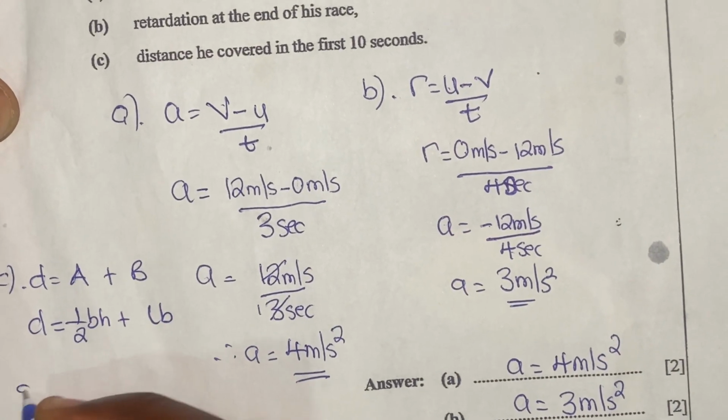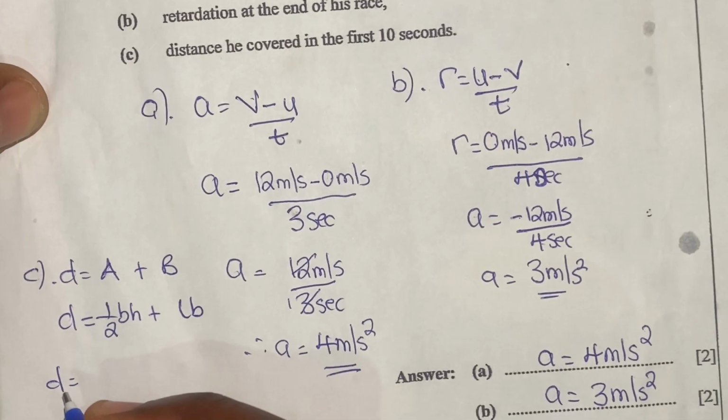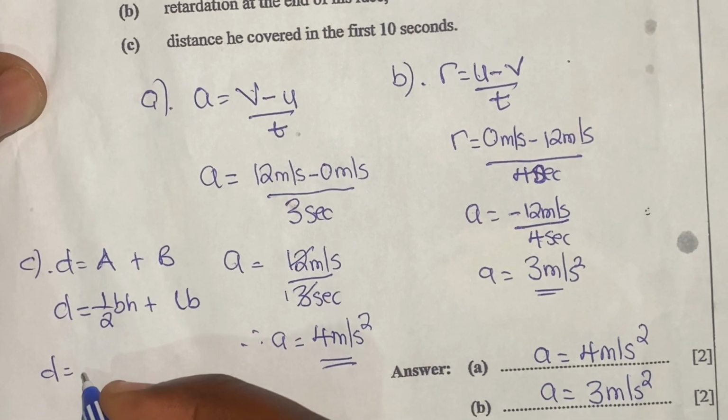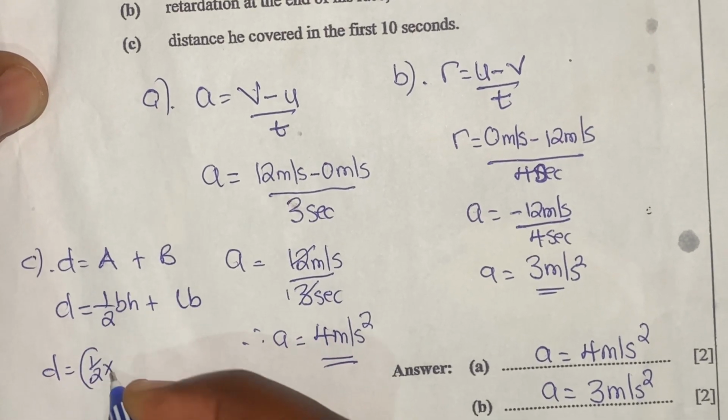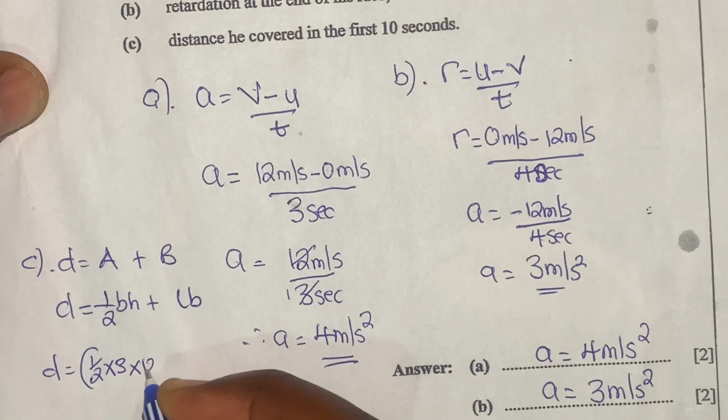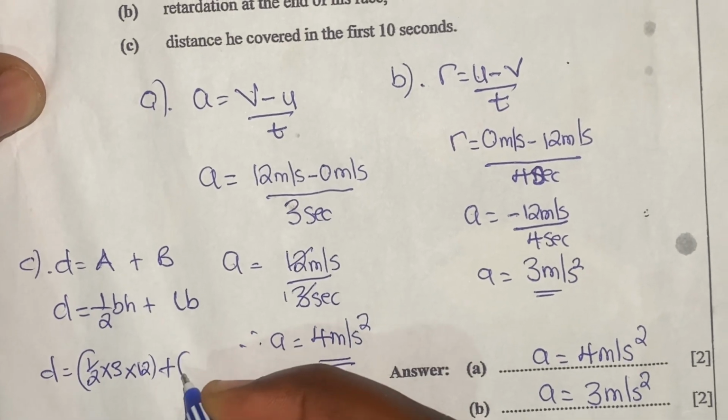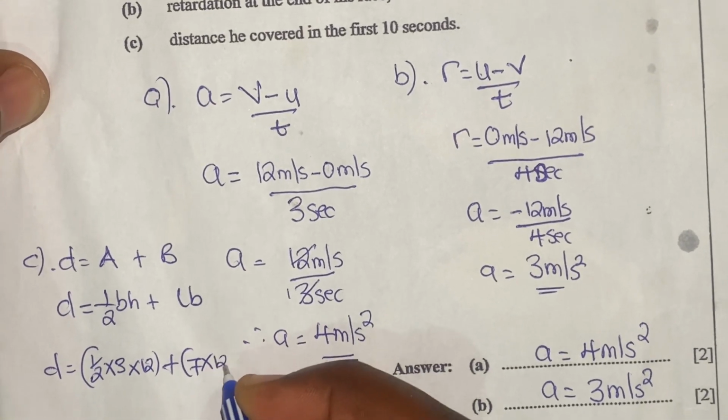And we're now going to say distance equals half times the base, which is 3, times the height, 12, plus 7 times 12.